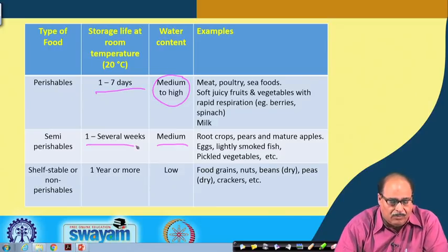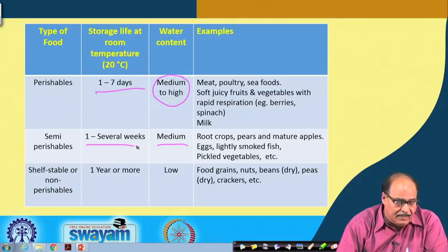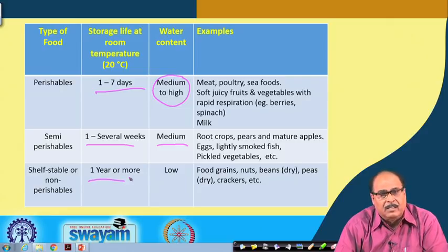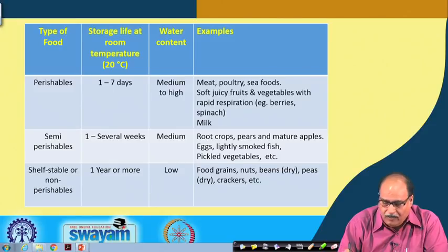They can be stored from 1 to several weeks depending on the storage environment and other conditions. Shelf-stable foods are non-perishable foods. They have longer stability, and at room temperature they can be stored for 1 year or more, and they have low moisture content. Food grains, nuts, beans etc. come into this category of foods.